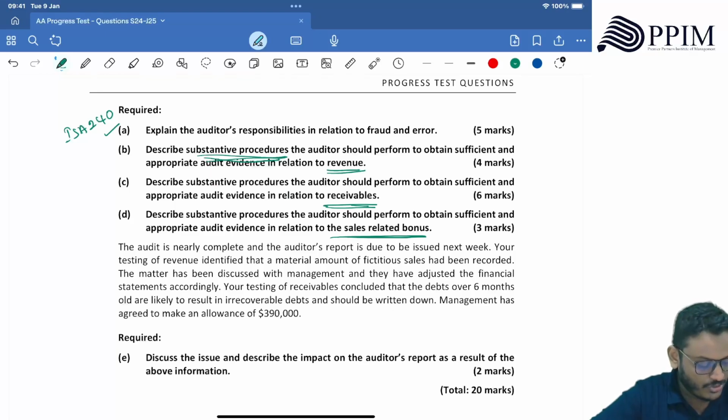And inspect post year end payments to confirm the bonus is expensed.